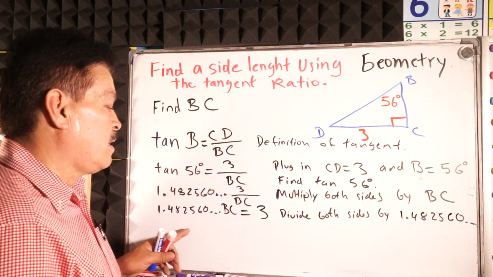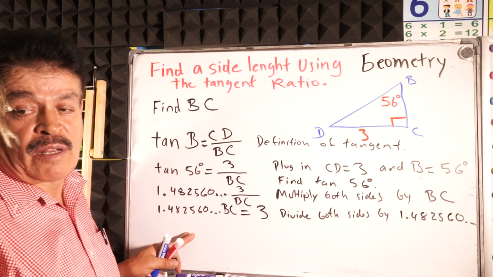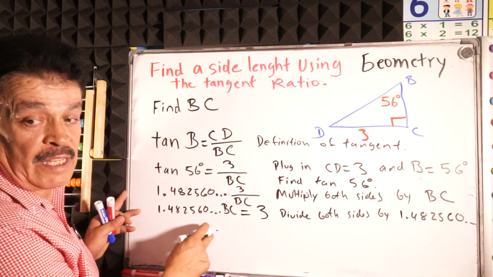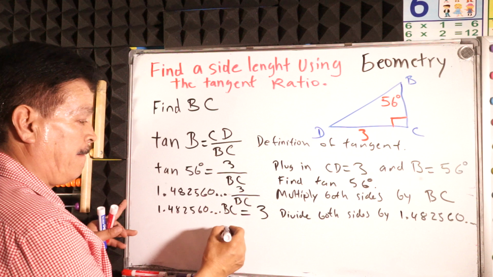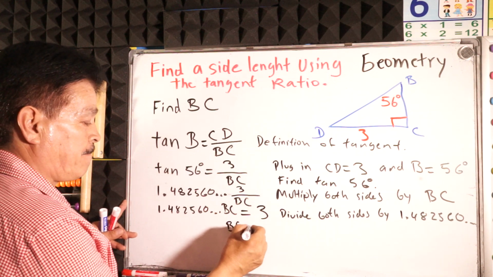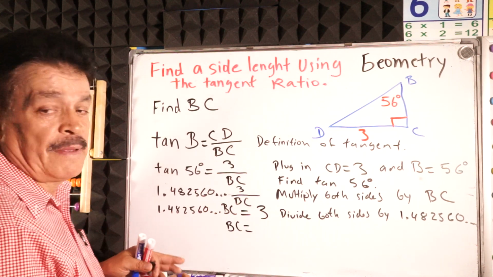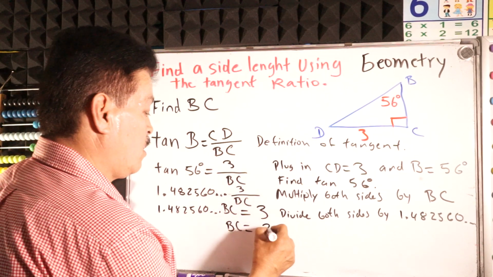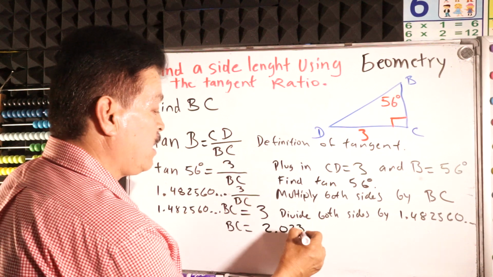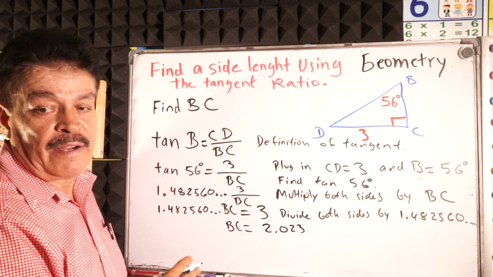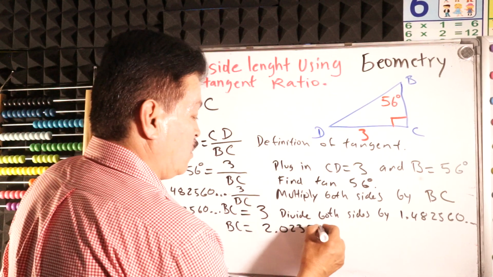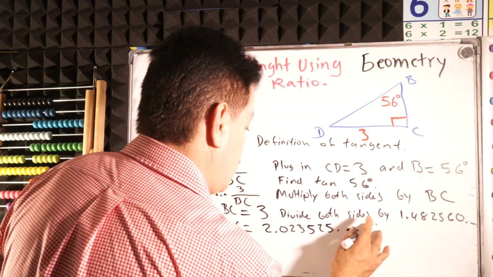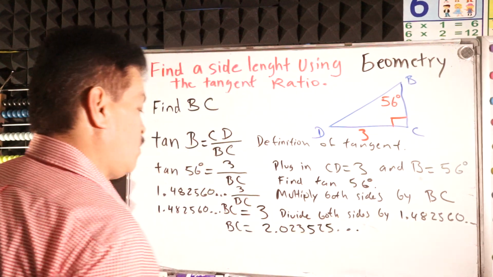If we do that, the answer will be BC. Here BC equals, when you divide it, the answer will be 2.023525. Okay, so that's it.